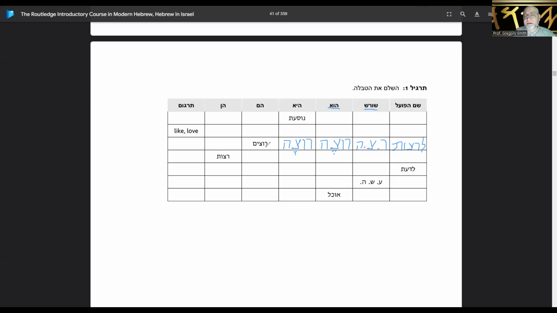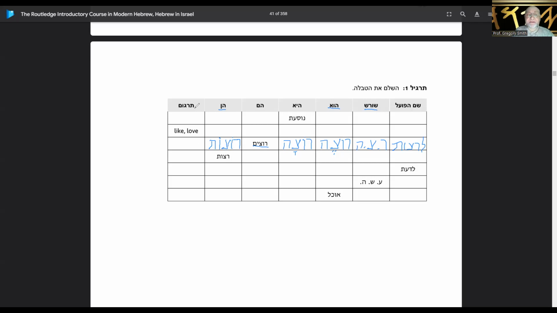And then they're giving us hem rotzim, they want, which is the masculine or mixed plural. So then we have to fill in rotzot. Okay, this would be all feminine plural. So you would use hen rotzot. They want, but it's all women.